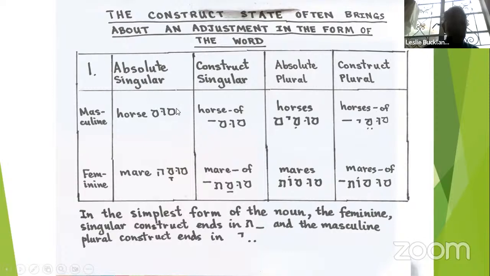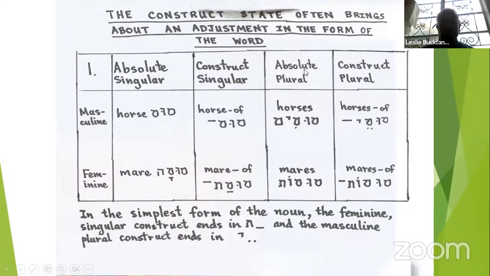But that same word, if you have some word or words added to it, is now in its construct state, and this is how it is. You have sus, and you have the makaf to the left of sus, and whatever other word is added here to explain more about the first noun, horse of.